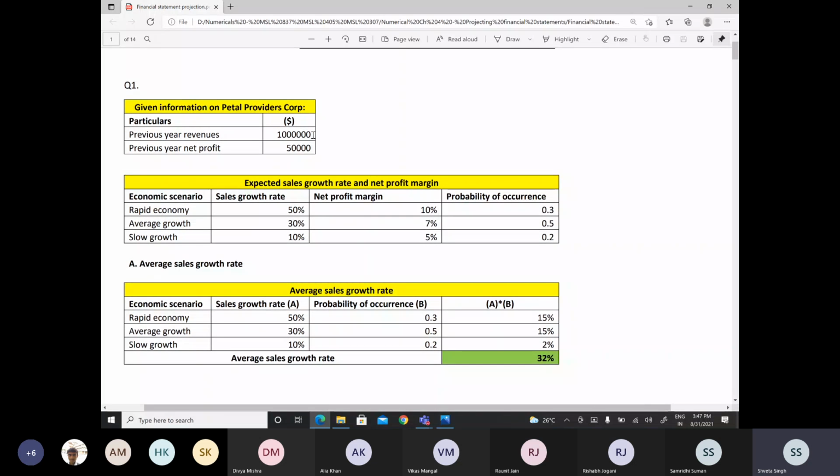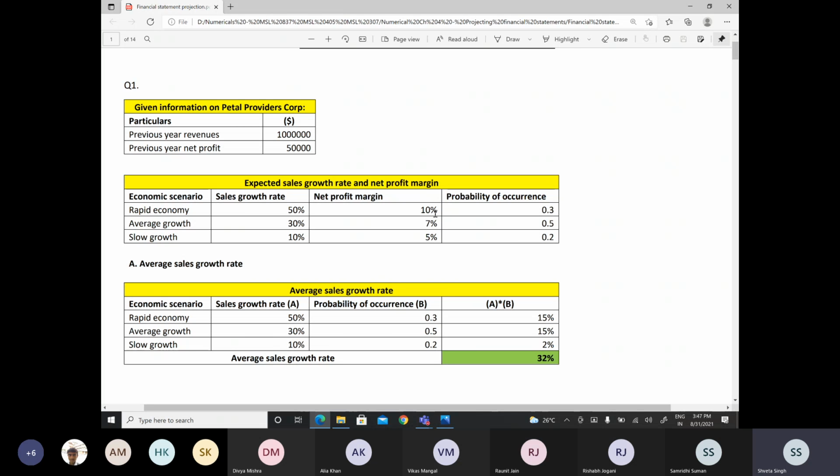Okay, great. So here you can see the details are already given. The previous year's revenue was $1 million and the previous year's net profit was $50,000. We already know from the PSA case study that we can have three economic scenarios: rapid economy, average growth, and slow growth. The sales growth rates are given for the three as 50%, 30%, and 10% respectively.